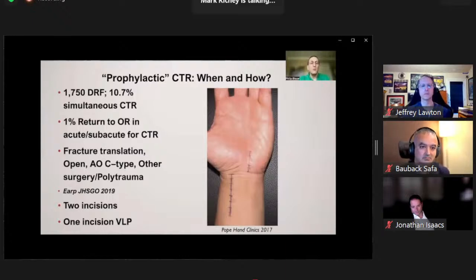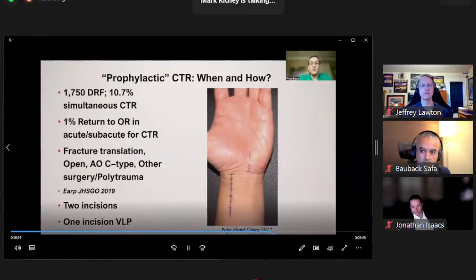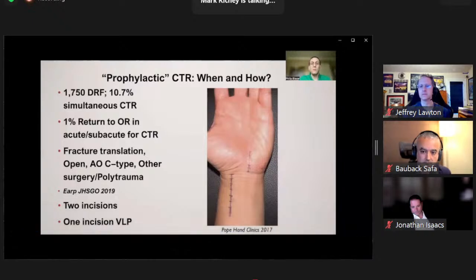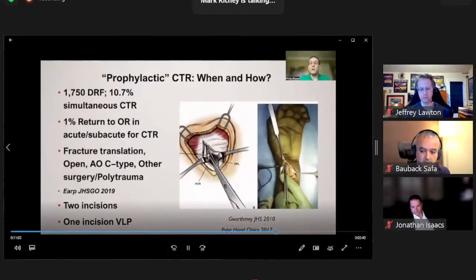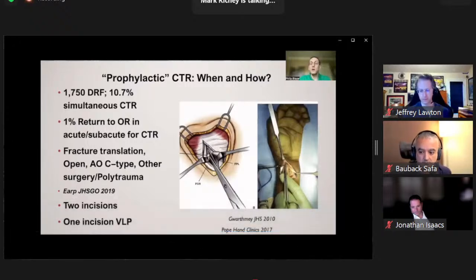In terms of 2 incisions versus 1 incision, I think this is really dealer's choice. 2 incisions, as outlined here by Pope in Hand Clinics, is certainly appropriate, but I think it's also worth being aware of the radial-sided single incision technique following the FCR sheath, dividing the roof of the FCR sheath component of the transverse carpal ligament where it attaches to the scaphoid and trapezium.